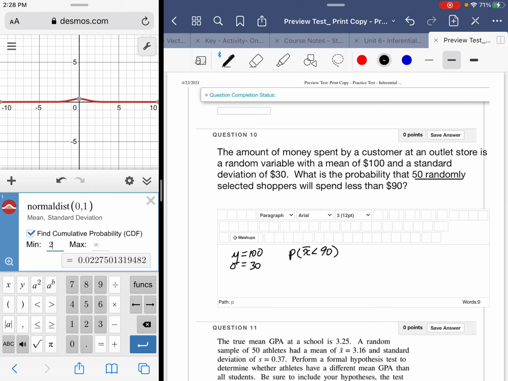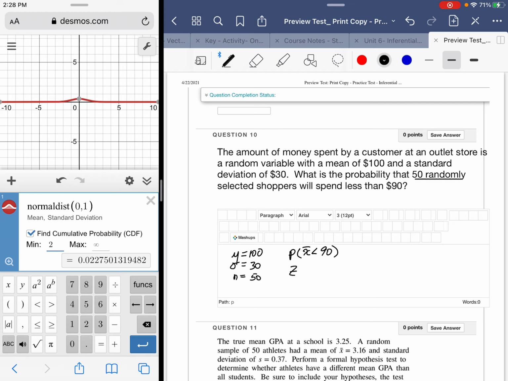All right, so this is central limit theorem because we have a group of individuals, sample size 50, and we're looking to determine a probability based off of the statistic associated with that group, in this case the mean.